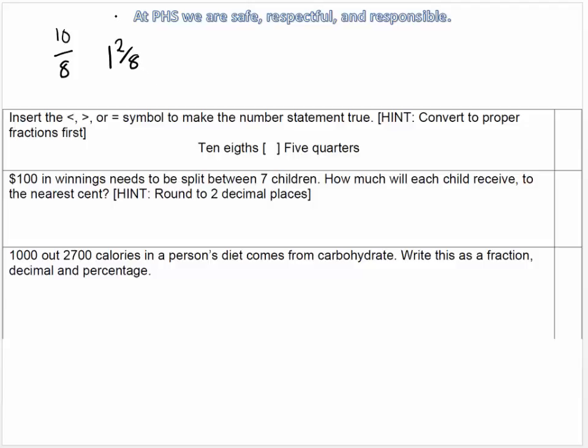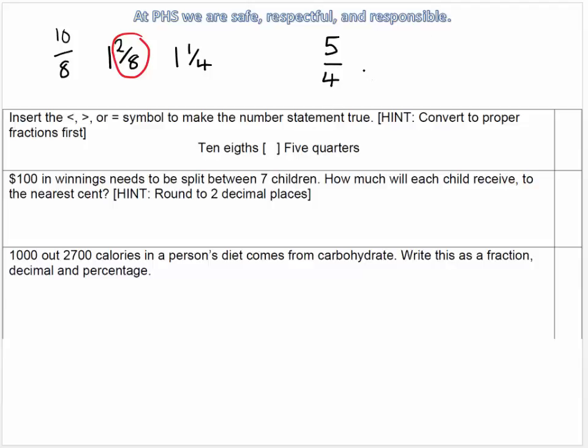Well, let's take a look at this second part here. We can simplify that further. Okay, so we could say, well, that is 1 1/4. Now let's look at 5 quarters. So 5 lots of a quarter.